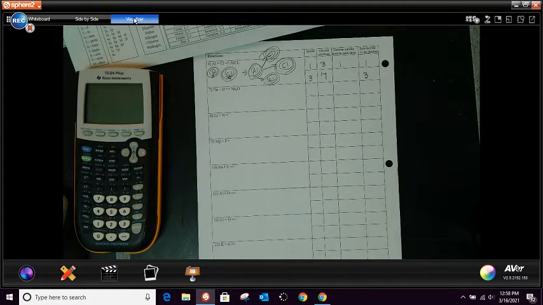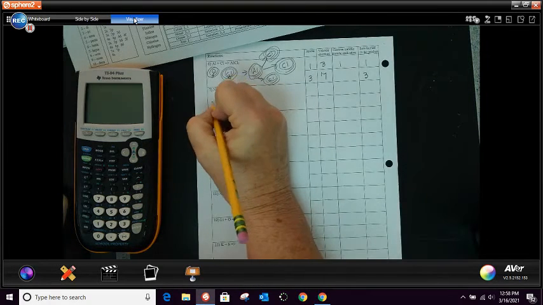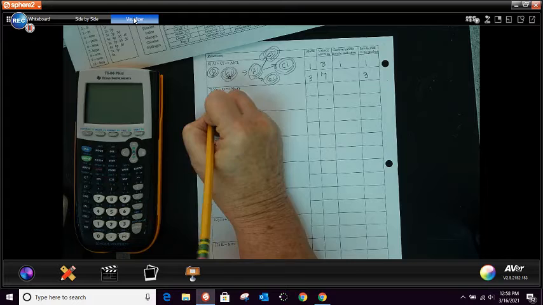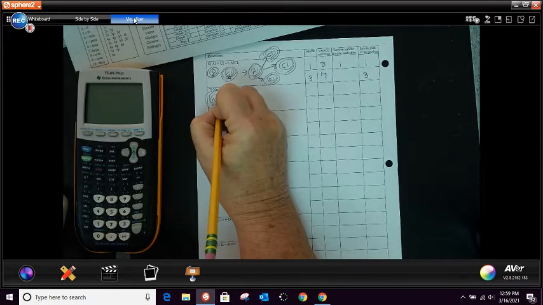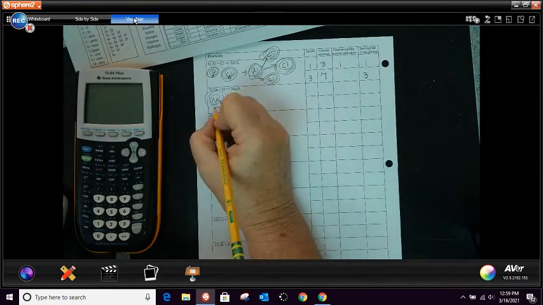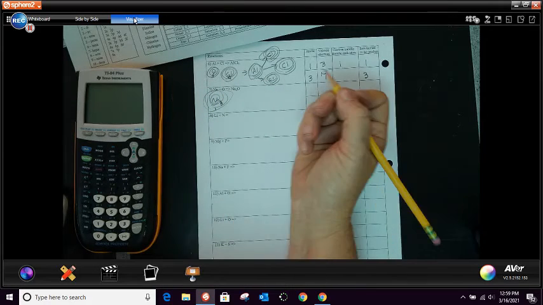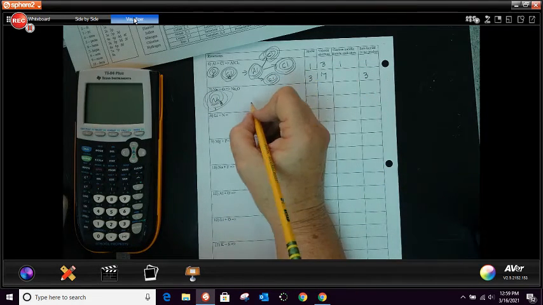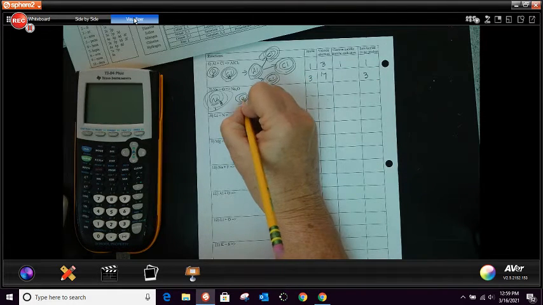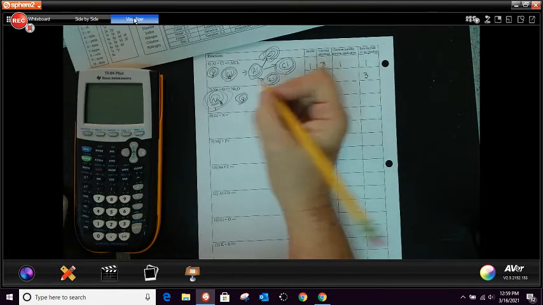The next one is Na. Na has 3 energy levels. We have 2, 8, and 1. O, oxygen, has 2 energy levels. We have 2, and we have 6.